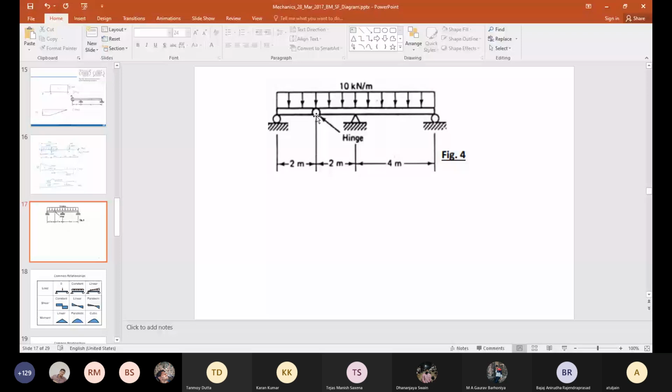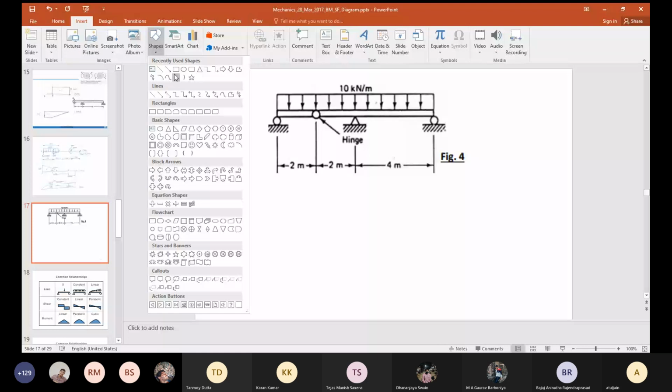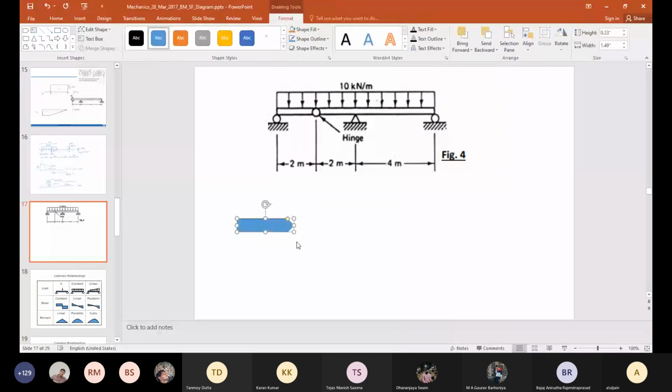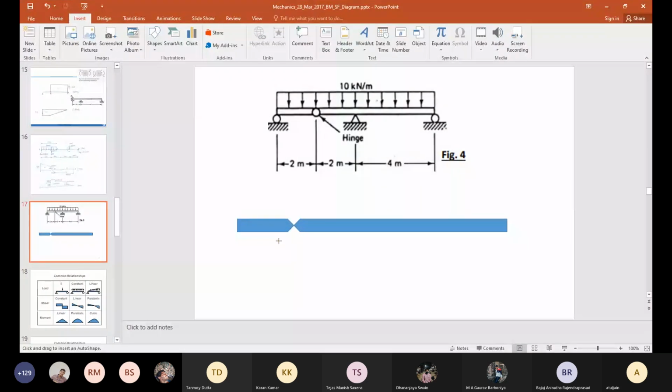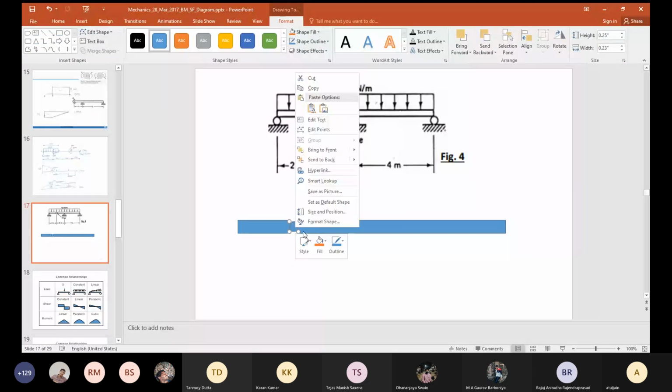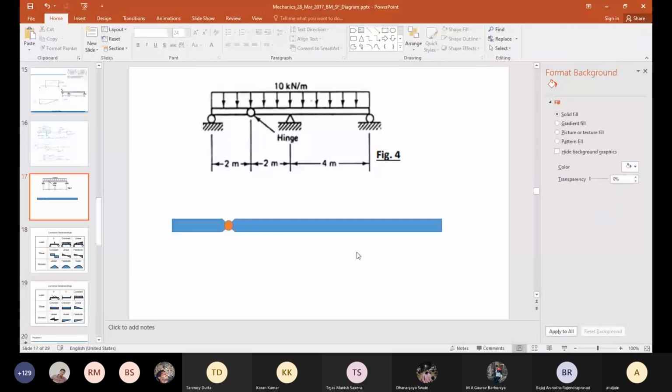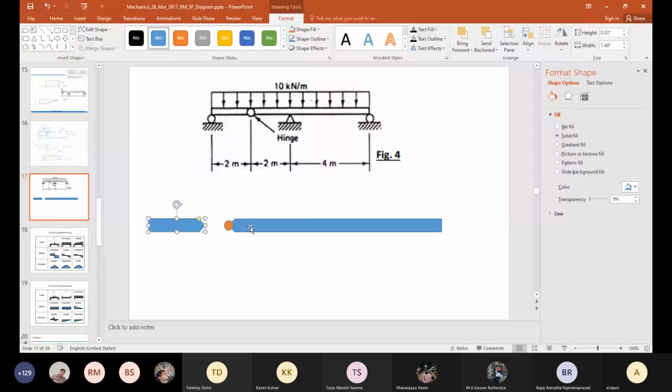Hinge basically means that, let's draw something, this is beam 1, this is beam 2, and both of them are connected by a pin.